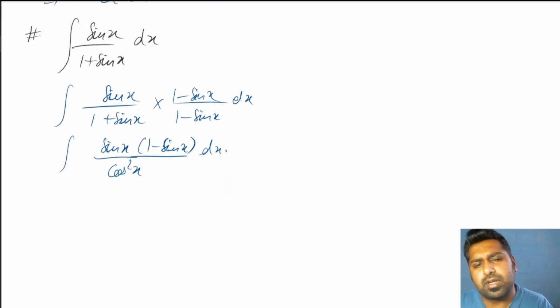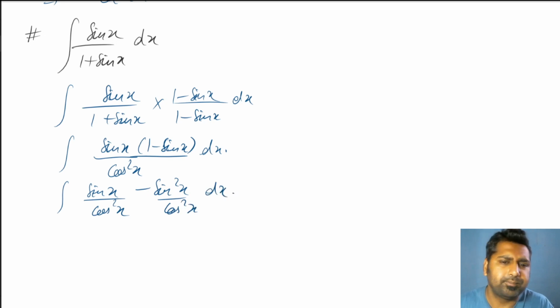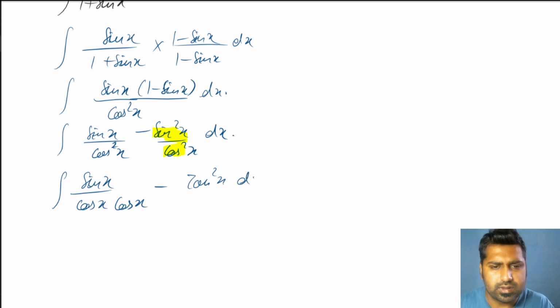Sine by cos can become tan, but this is cos square. So let's multiply also. Sine x minus sine square x, now upon cos square x. Let's see if that helps. This term can become tan square. We know how to integrate tan square. Again, we have to use a property. This one I can write sine by cos into 1 by cos, no? So integration sine x by cos x minus this one becomes tan square. We can integrate tan square.